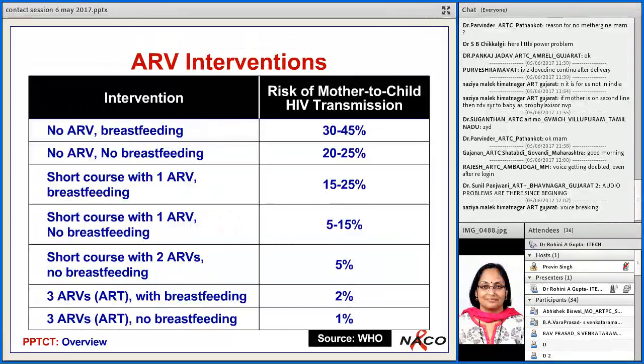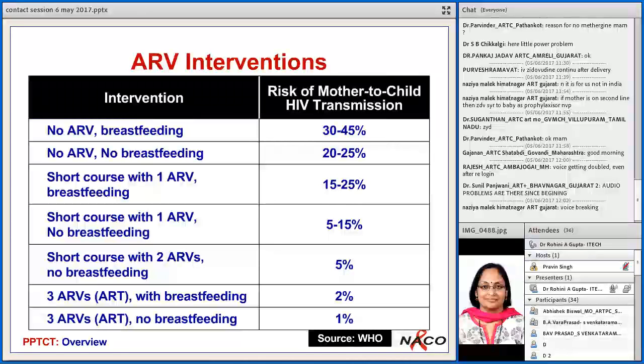Thereafter, the extended nevirapine prophylaxis I'll be speaking about later. So after all these ARV interventions, that is ART in the mother, institutional delivery, followed by ARV prophylaxis in the baby, what has been the difference?